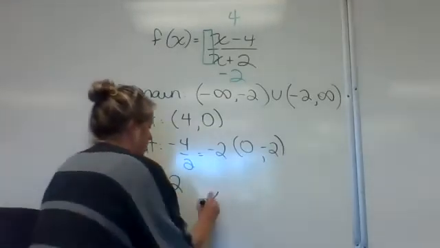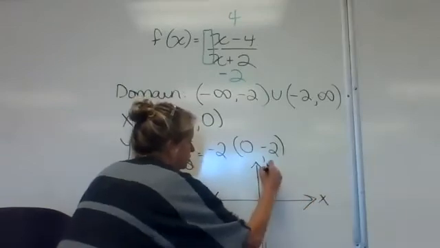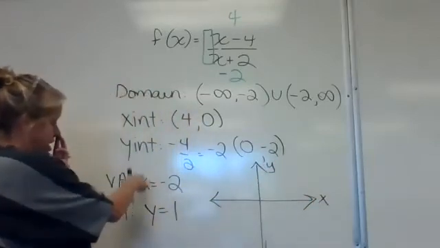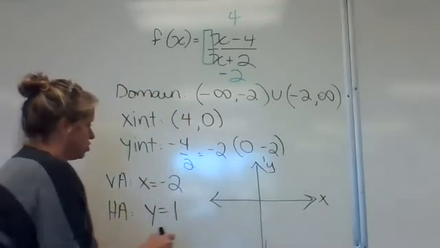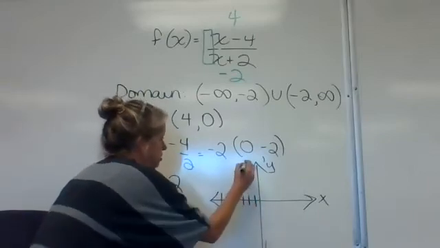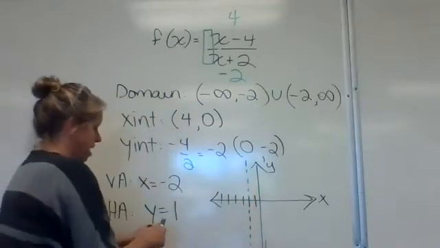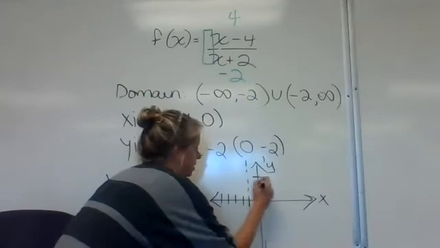So the first thing I'm going to look for in my graph are these right here. There's a vertical asymptote at -2 and a horizontal asymptote at Y equals 1.